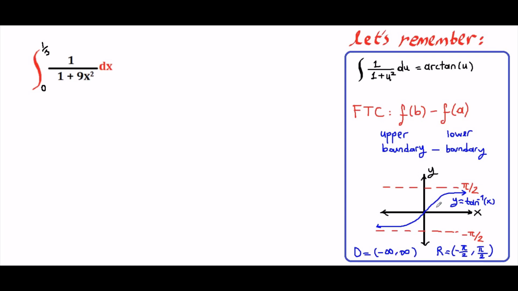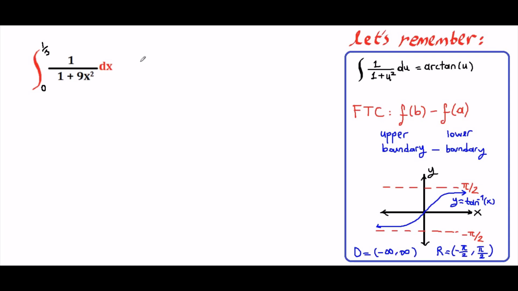We know that the arctangent function has domain from negative infinity to positive infinity and range from negative pi over 2 to pi over 2. After knowing these basic facts, we can start solving this integral.